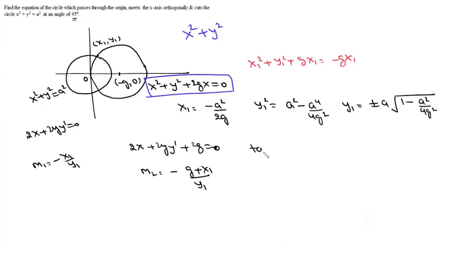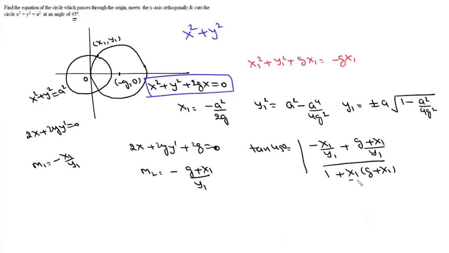Now we can write tan theta, so tan 45 equals (m1 minus m2) upon (1 plus m1 m2), so there'll be minus x1 upon y1 plus (g plus x1) upon y1, upon 1 plus x1 (g plus x1) upon y1 square, and it is equal to 1. Now here x1 y1 will cancel, so we can write this as mod of g y1 will be equal to x1 square plus y1 square plus g x1 with a mod sign.